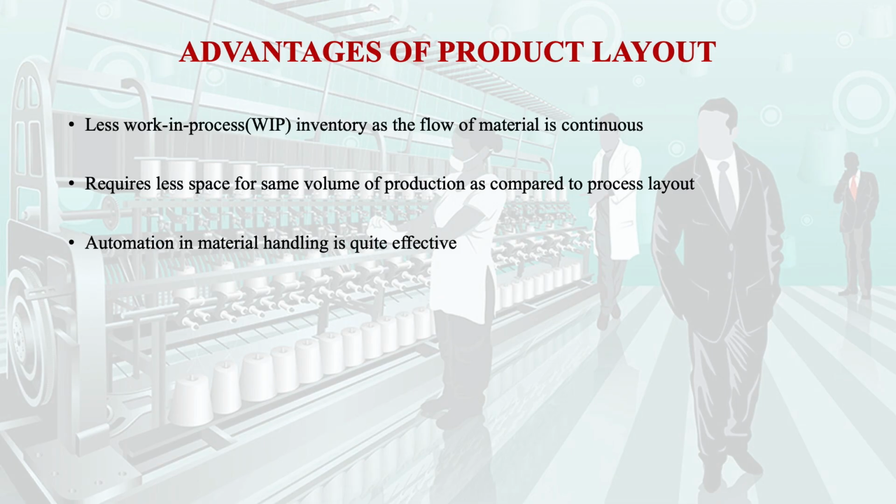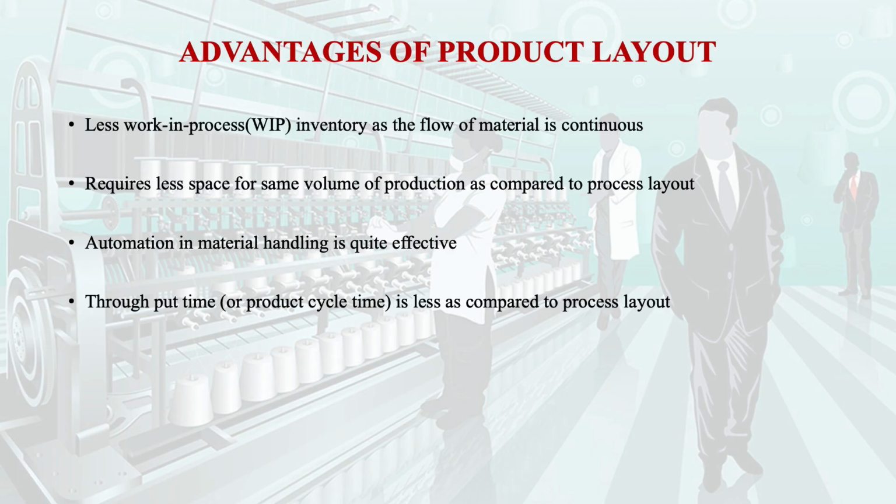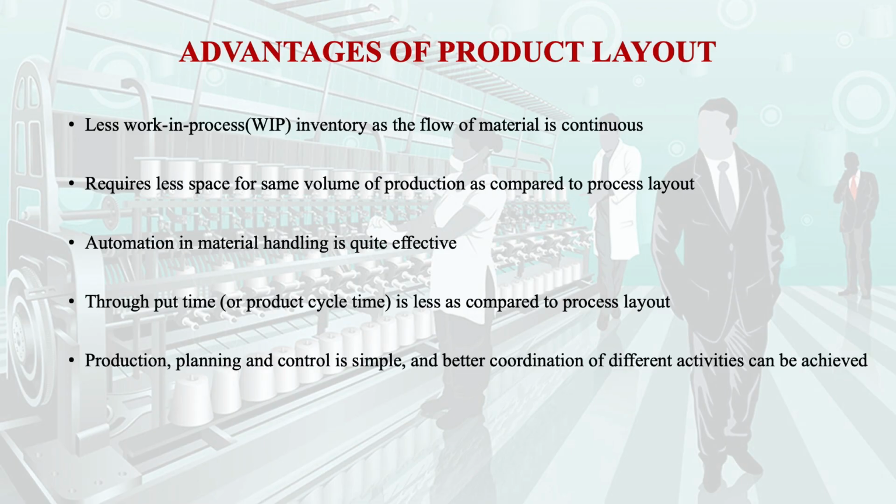There are some other advantages also. Throughput time is less as compared to the process layout. Throughput time means product cycle time, the time in which we can produce the product. Production planning and control is simple and we can coordinate in a better way for different activities.